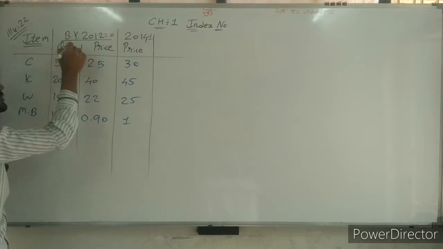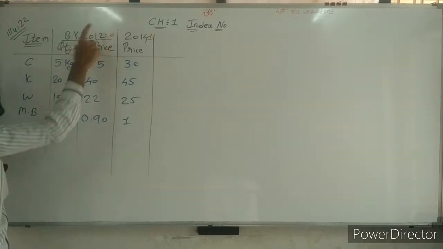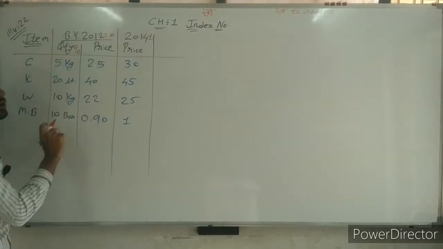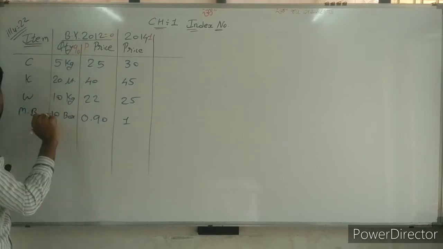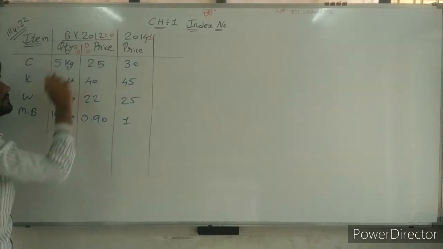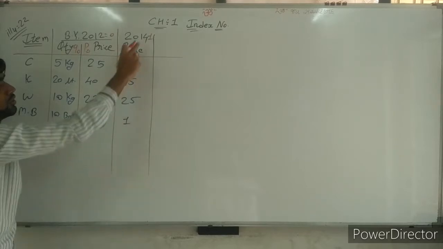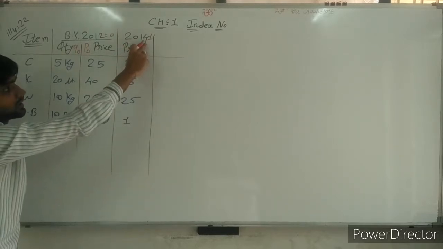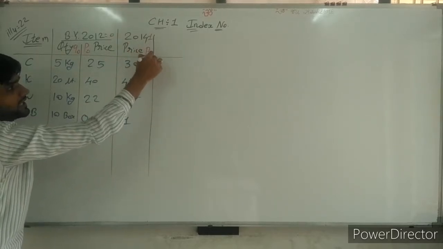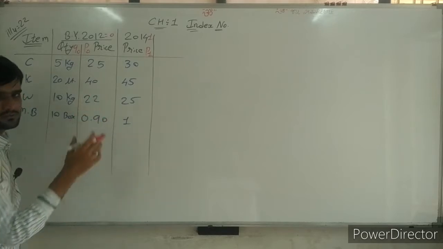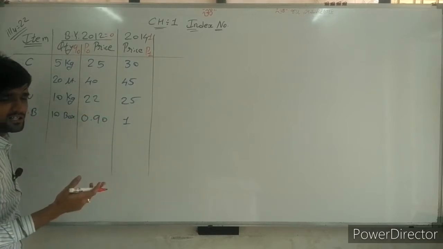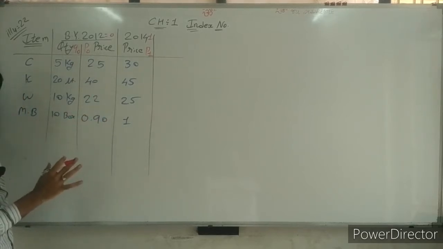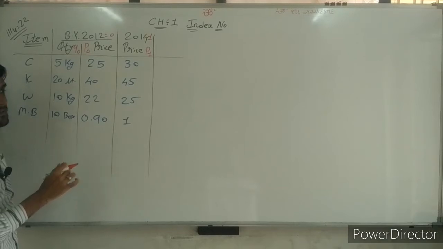Now quantity means Q and base year quantity, that's why Q0. Price means P. Base year price means P0. Current year price means P1. That's it. So this is the common thing. First step.